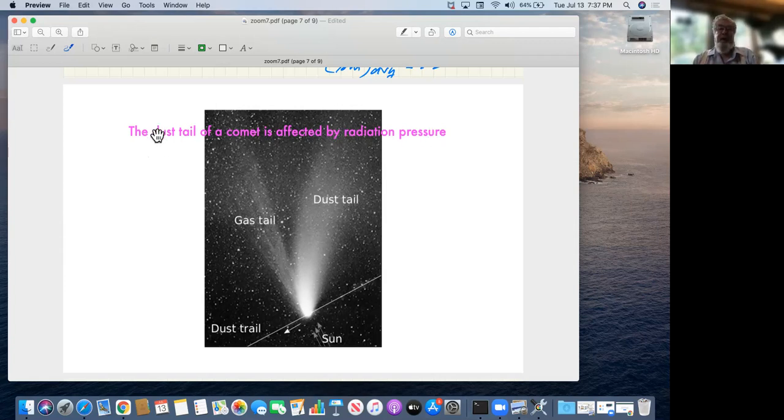And an example of that is in comets. You have a comet which is traveling around on this line. A comet is a little piece of ice and dust which is orbiting the sun in the solar system. And here is the direction of the sun down here.